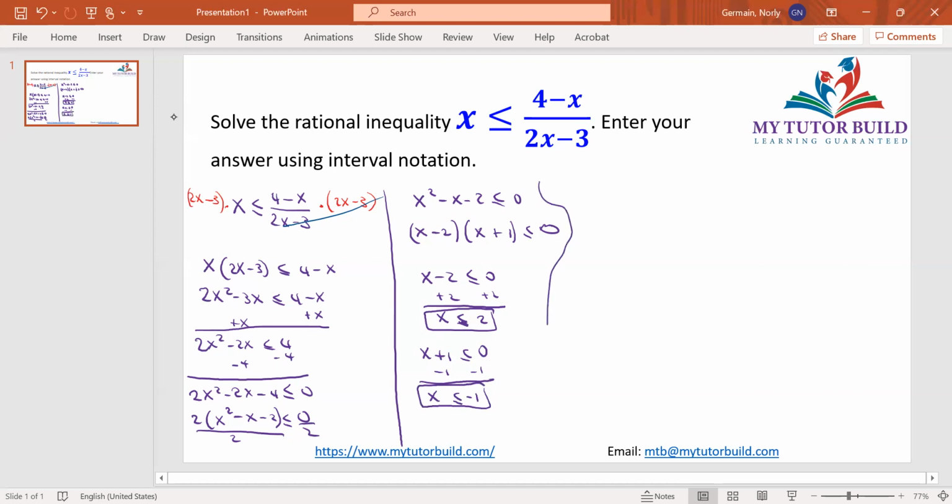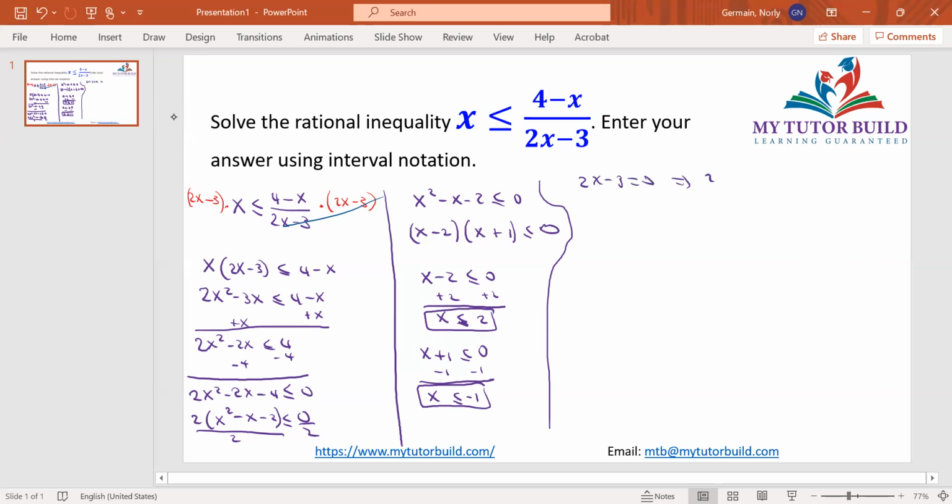What you need to remember here is that for this inequality, because we have a denominator, the denominator cannot be equal to 0. If the denominator is 0, the right side would be undefined. So what value would make the denominator equal to 0?